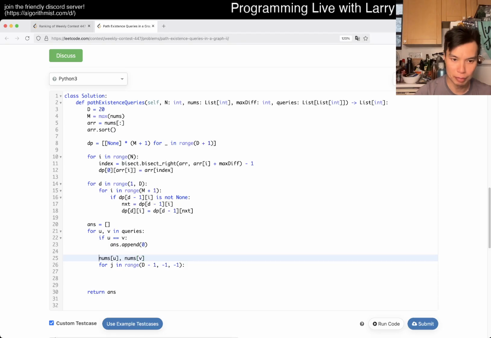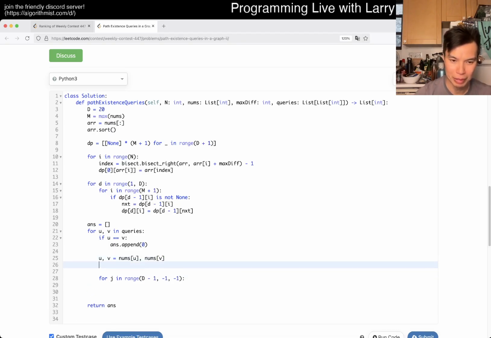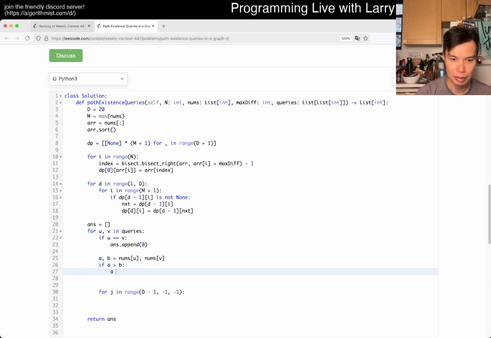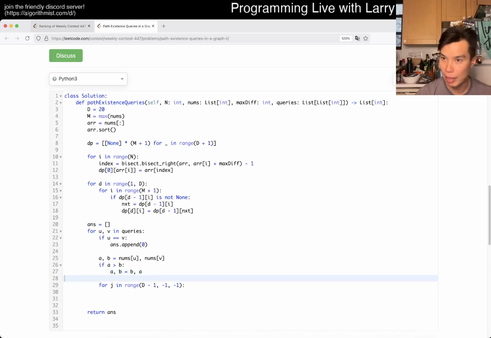Let's convert it. I'm too lazy to use the variables, maybe that's a bad idea actually. I'll just call them a and b, it's the same idea anyway. So we're trying to go from a to b. If a is greater than b, then a, b equals b, a. So we swap, and now we're trying to go from a to b, right?